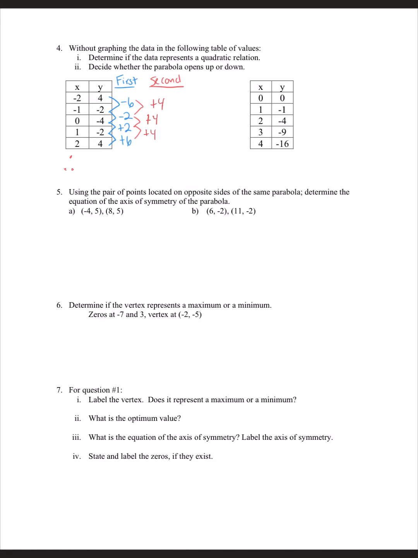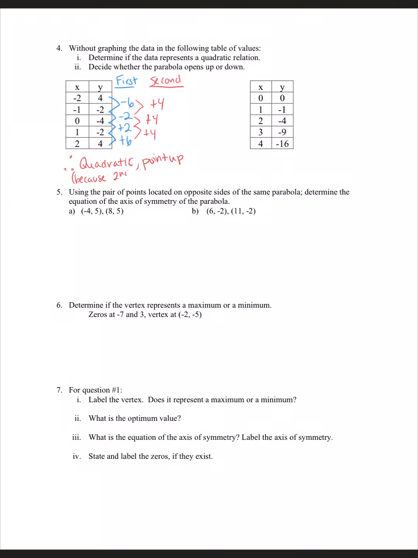So therefore, we have a quadratic, and it's going to point up.